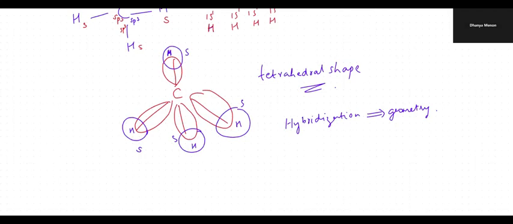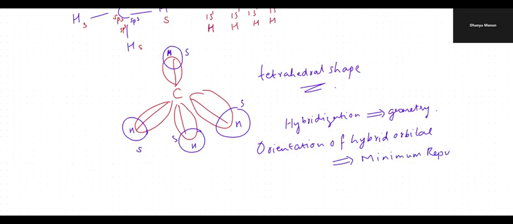So the orientation of hybrid orbital is such that there is minimum repulsion.